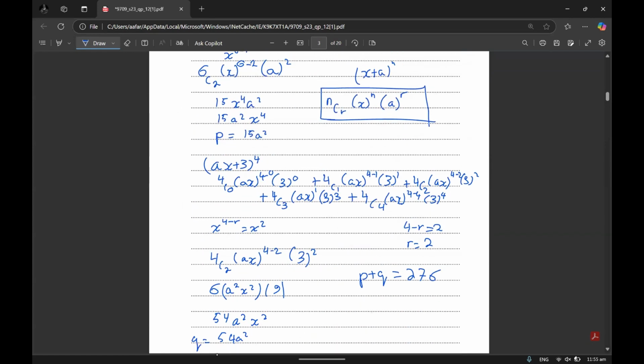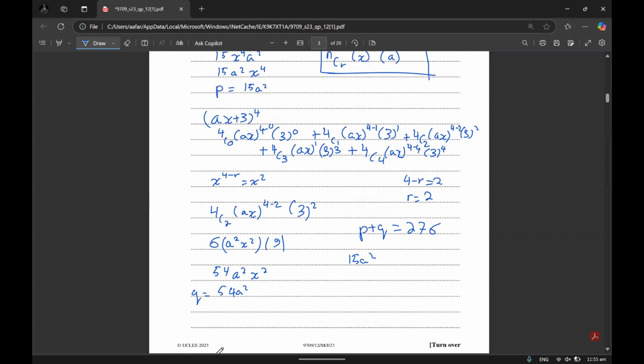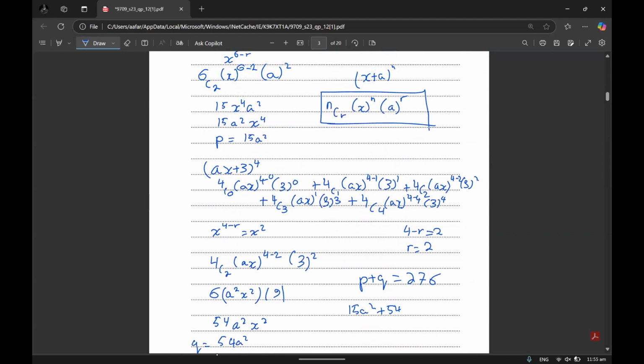So p we calculated was 15 a square. q is 54 a square.